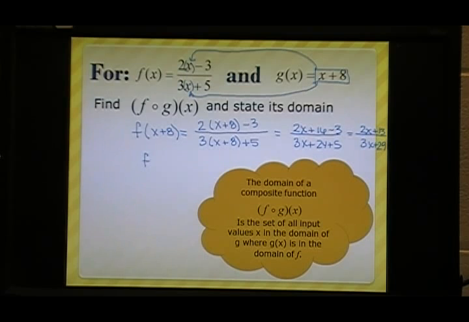So f of g of x, that composite function, is 2x plus 13 over 3x plus 29.